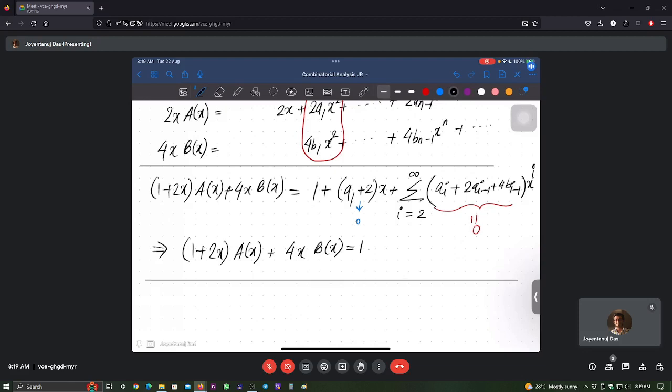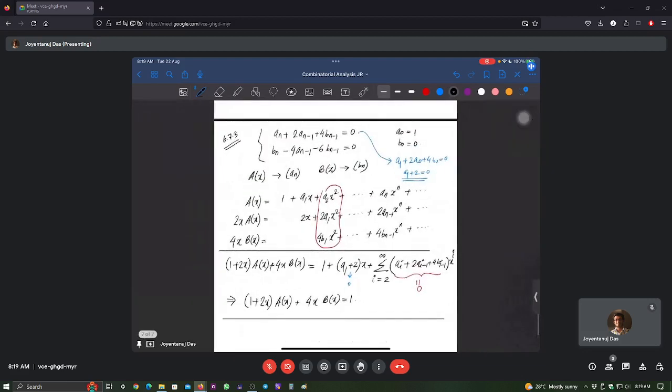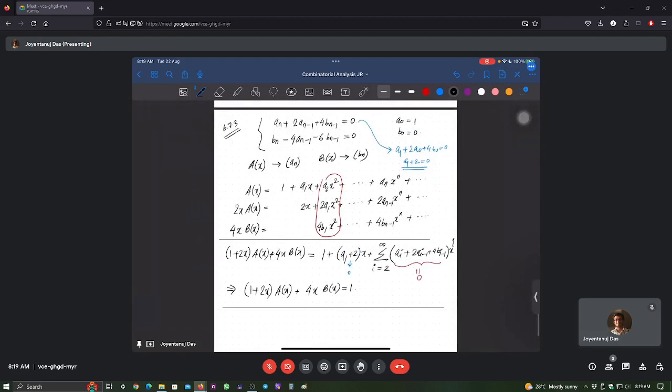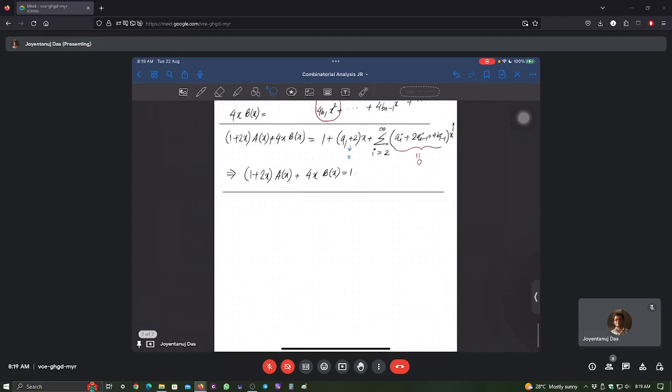Now we have to use the second recurrence. So the second recurrence is this one. I'll just go from the book. So it evaluates to 0.